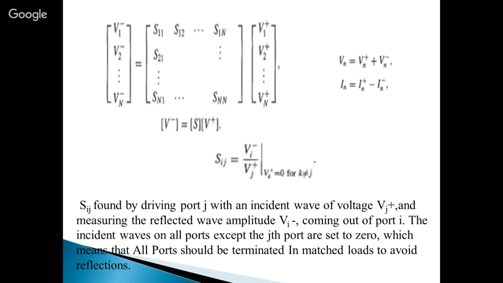Therefore, Sij can be found by driving port j with an incident wave of voltage Vj plus and measuring the reflected wave amplitude Vi minus coming out of port i. The incident waves on all ports except the jth port are set to 0, which means that all the ports will be terminated in matched loads to avoid reflection.